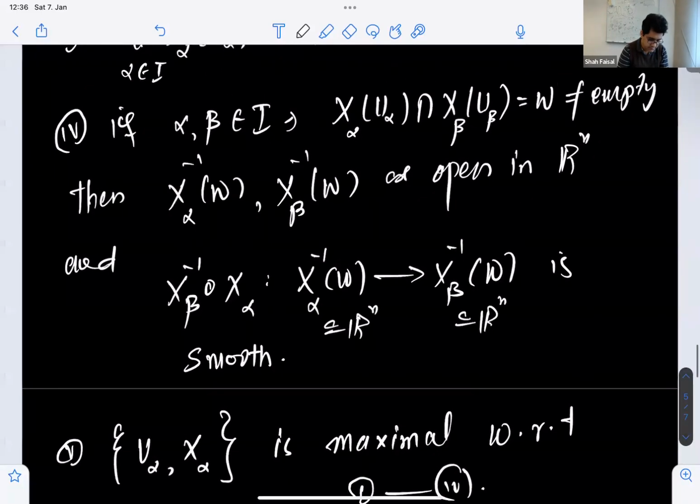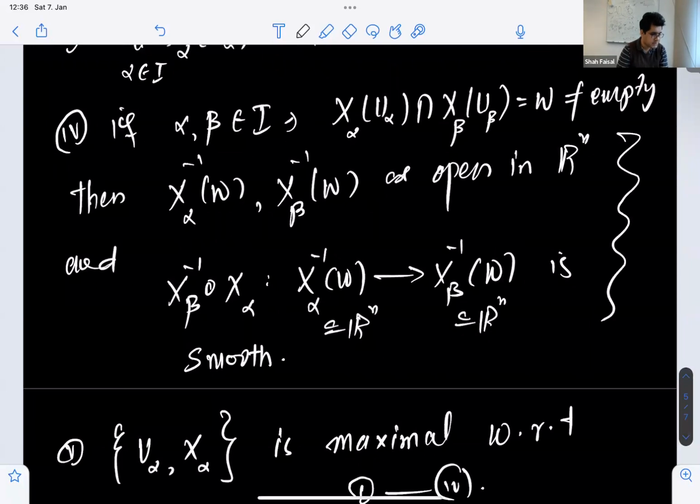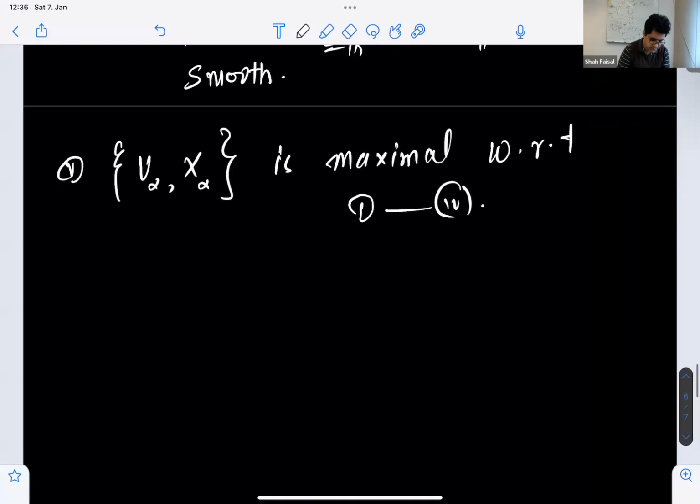Let me draw a diagram for this condition to help you visualize what is happening.